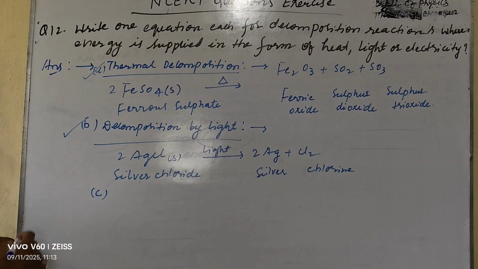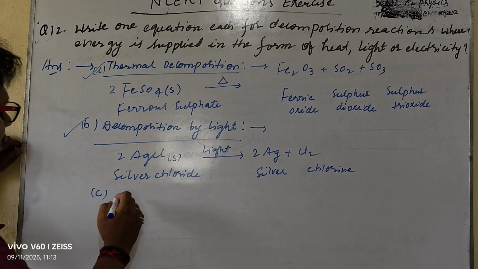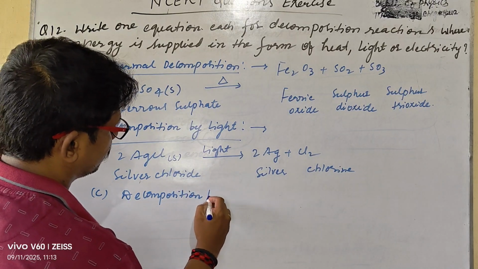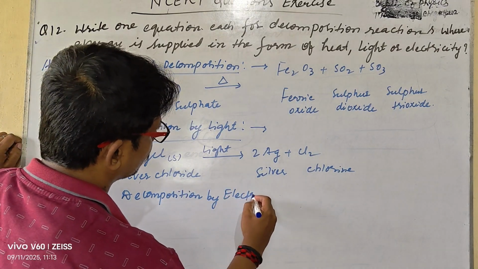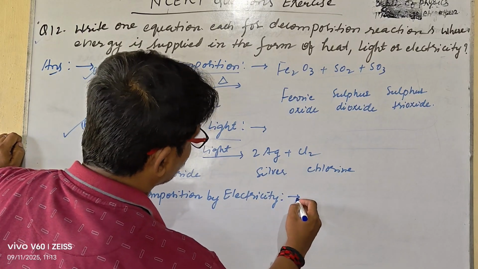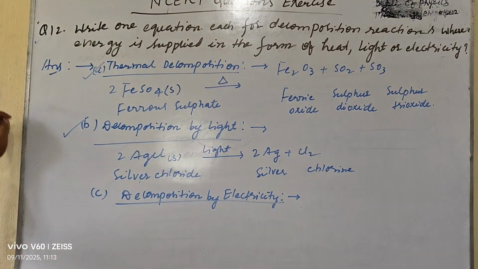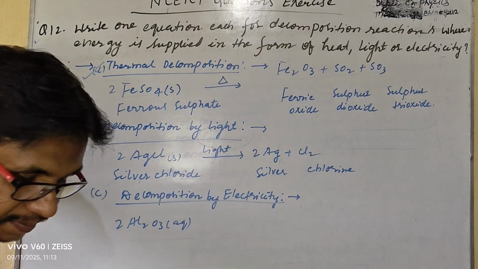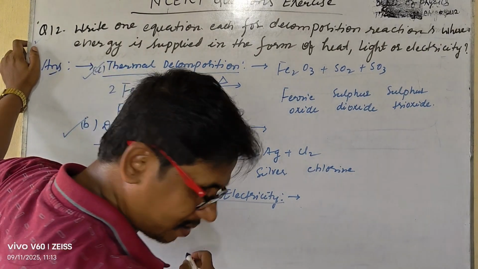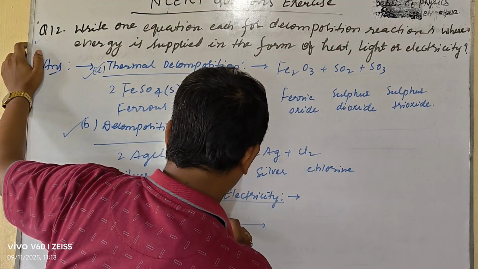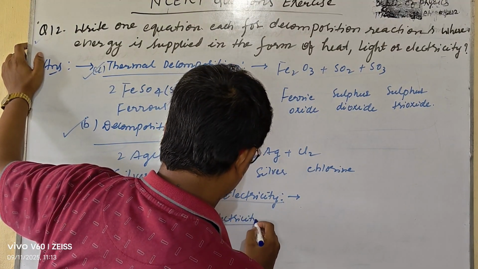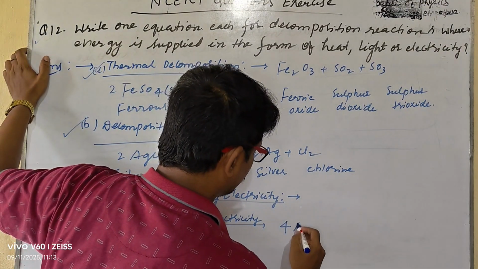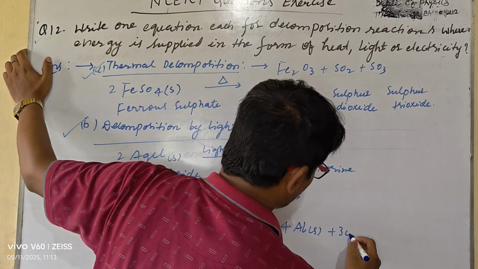And the last one, not the least, decomposition by electricity. When you pass electricity through molten Al2O3, it breaks into 4Al plus 3O2 gas.